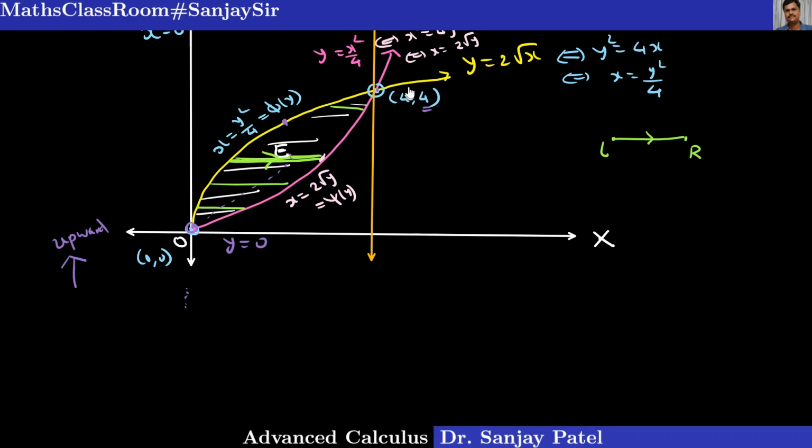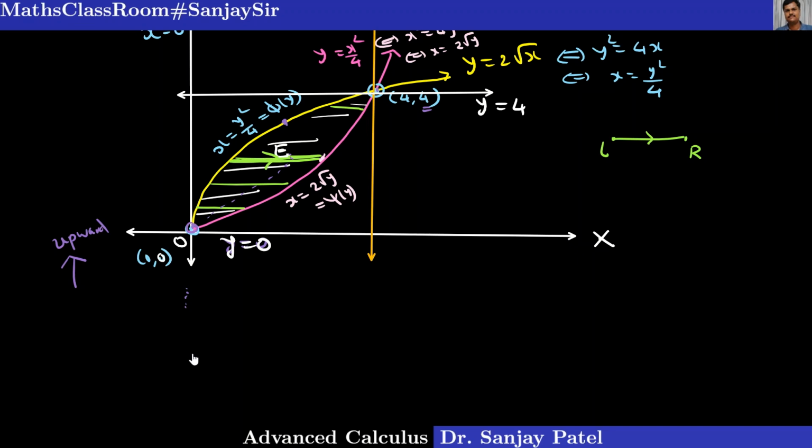So I can draw a line passing through this point and parallel to the x-axis, and the equation of this line is y is equal to 4. And when we enter the region, the value of y is 0, and the equation of the line passing through this point is y equal to 0, that is the x-axis.